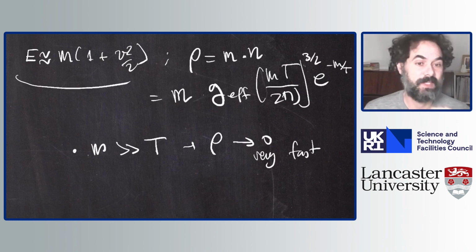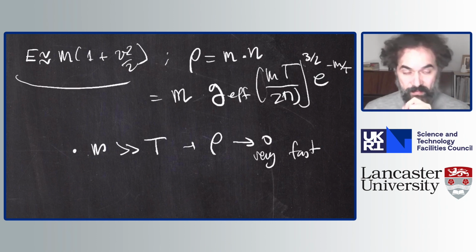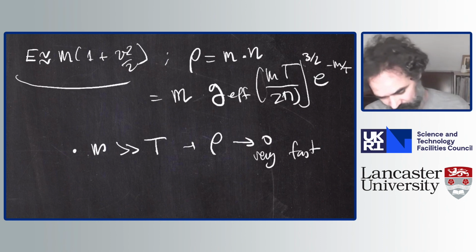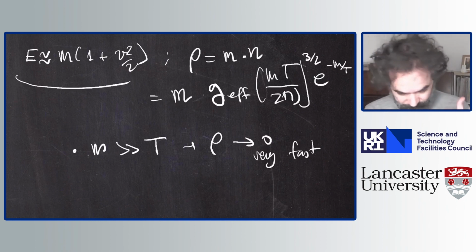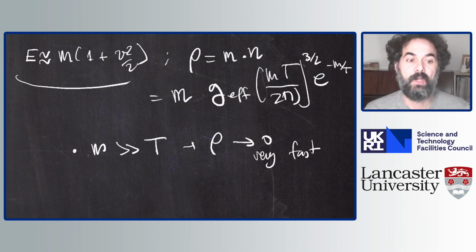But we know that some massive particles are around us. That means that at some point equilibrium should not be efficient if those are going to be around us for some time. This is important both for standard model particles and for dark matter particles.